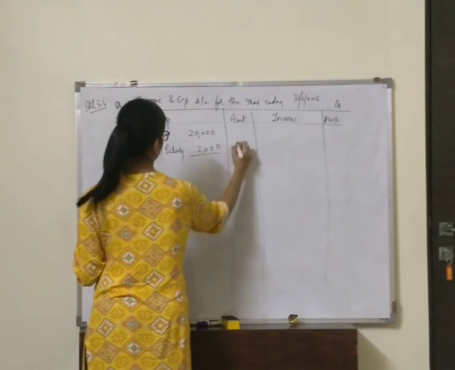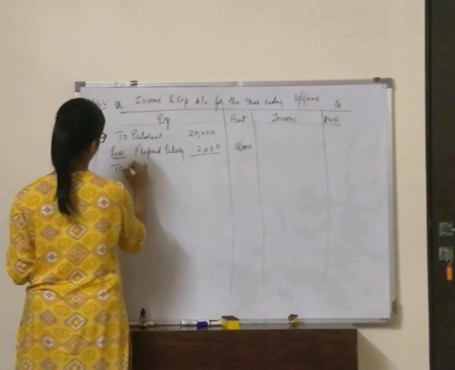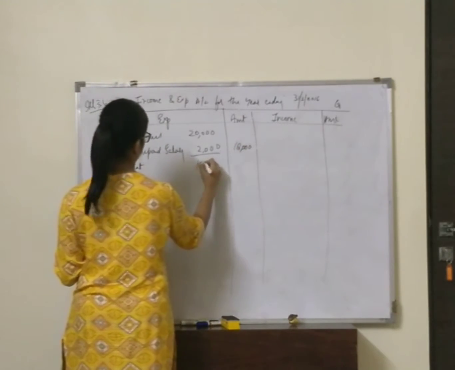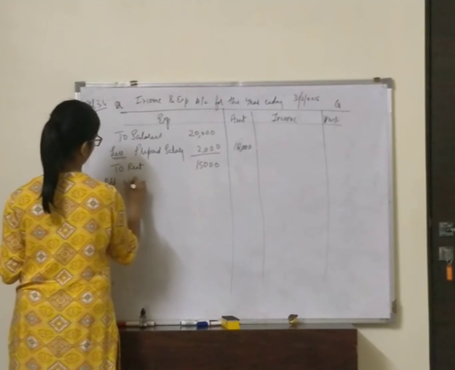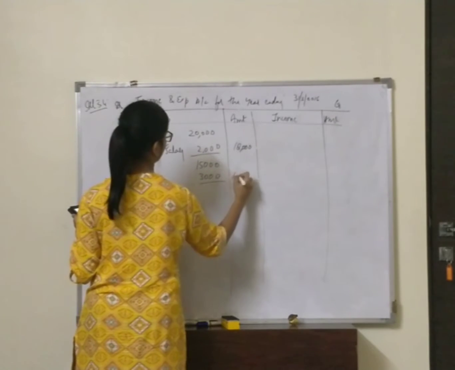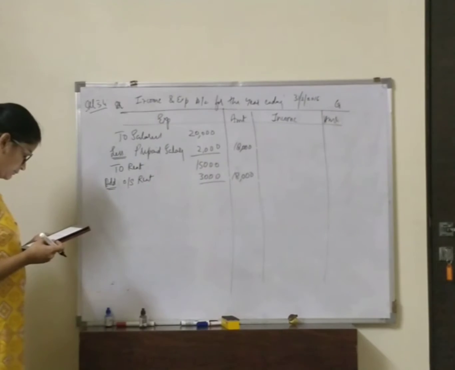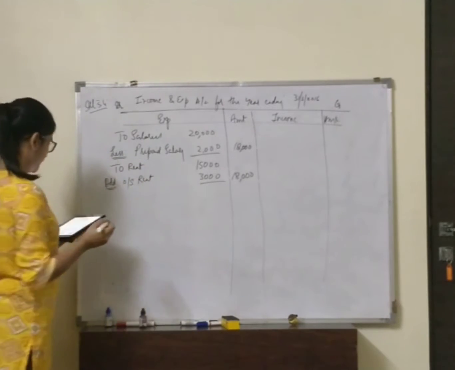2,000. We get 18,000. Next we have to rent, 15,000. Add outstanding rent, 3,000. How did we get this 3,000? At the beginning I explained to you about outstanding rent.